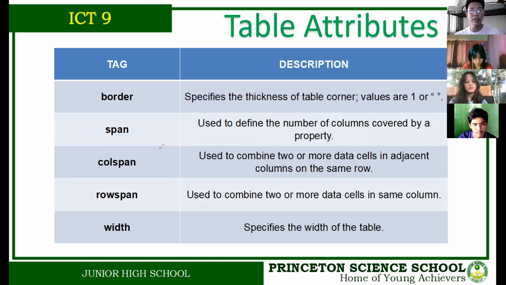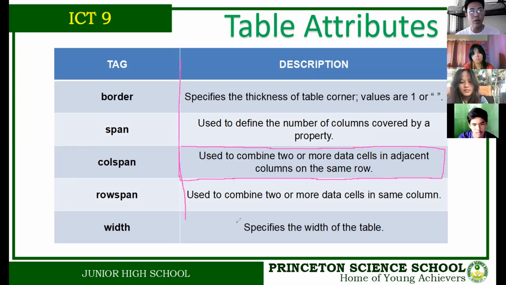Okay, so next we have the col span or the column span. It is used to combine 2 or more data cells in adjacent columns on the same row. So what it will consume is the columns that are adjacent in the same row. So if this is a column, so this is part of a whole column.